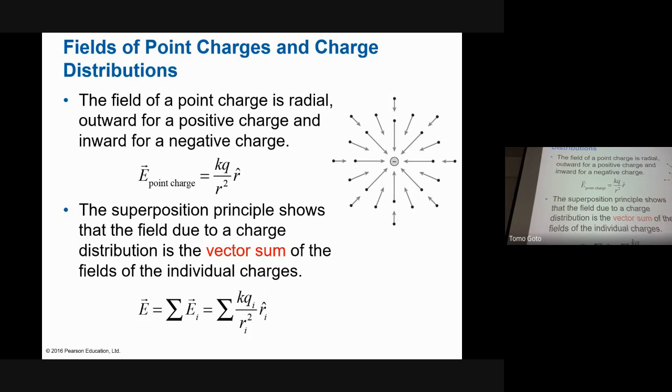So if you have multiple charges, then the electric field is also a vector sum of all the electric fields from all the charges. So if you've got one charge and another charge, then the electric field also sums up, just like Coulomb's law, because it's the same, right? It's just the electric field for a point charge. So for both of them, the superposition principle is true.